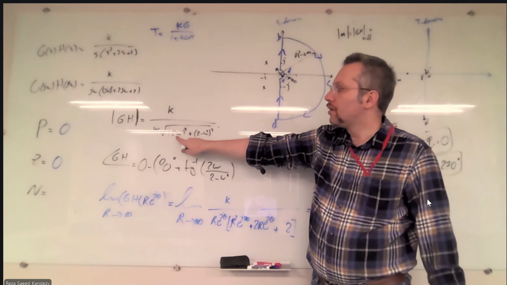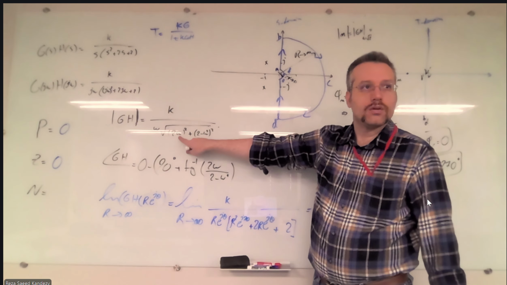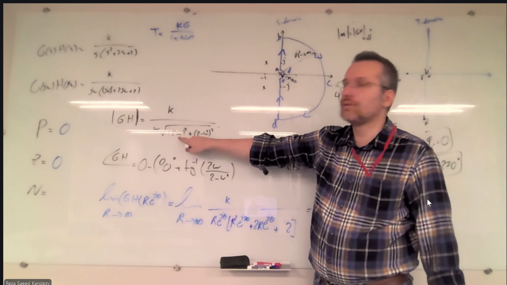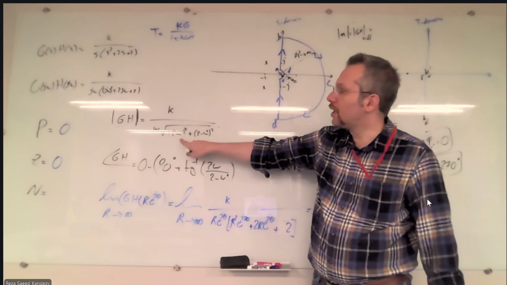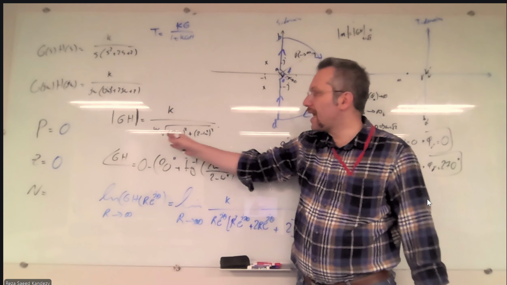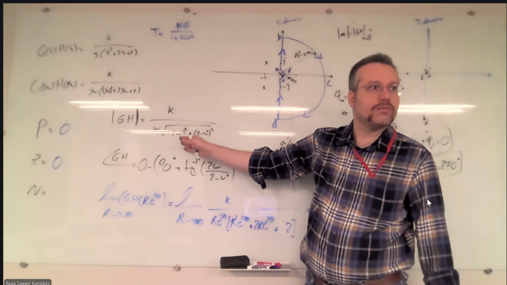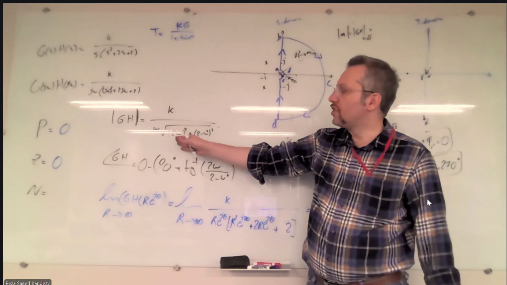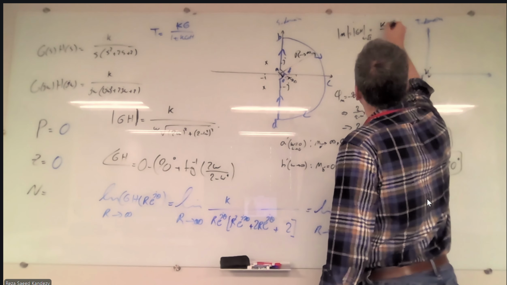This one becomes 2 square root of 2, which is 4 times 2, which is 8, and this one becomes a square root of 2. You can bring that inside, so it becomes a square root of 16, which is 4. So eventually this becomes k over 4.